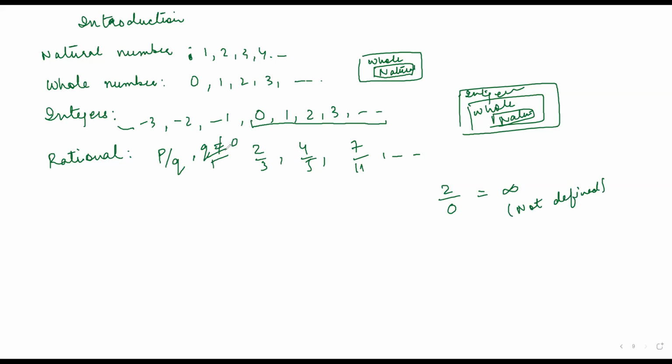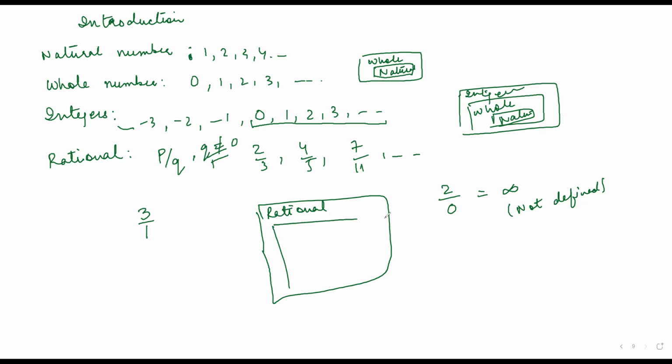Got it? Okay. Now, do you think integers are rational numbers? Yes. Why? Because they can be written as p by q. Yes, because for example, I have 3, so I can write it as 3 by 1, right? That's good. So if I again make my box of rational numbers, rational numbers will contain integers inside it.